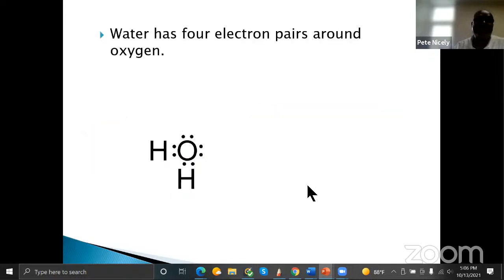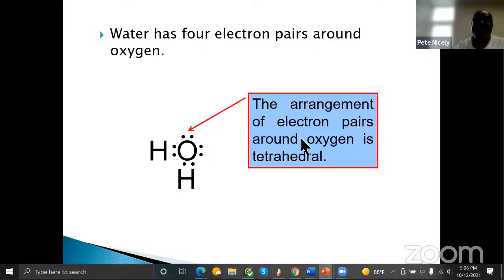Now, in the case of water, what you'll see is you have a central atom, oxygen, which has 4 pairs of electrons. So again, in terms of the electron pair arrangement, the arrangement would be tetrahedral, all right? However, again, as I said before, the shape is determined by the actual location, spatially, 3-dimensionally, of the atoms. So this is the arrangement of the electron pairs around the central atom.